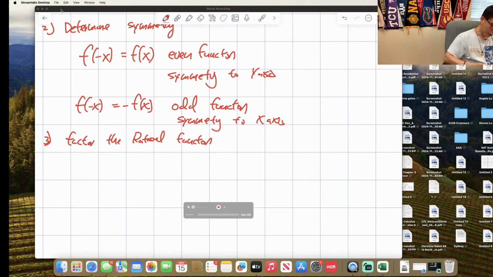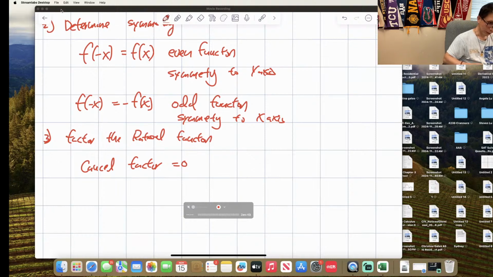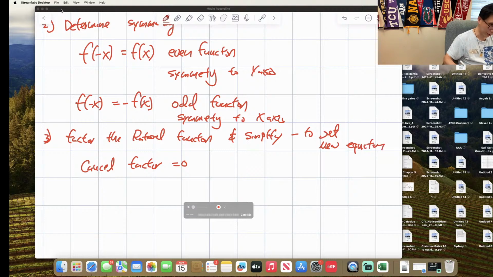Remember, you have a canceled factor. If you set the canceled factor equal to 0 and solve for it, and then factor the rational function and simplify to get a new equation. We did that on the new equation yesterday, I think.